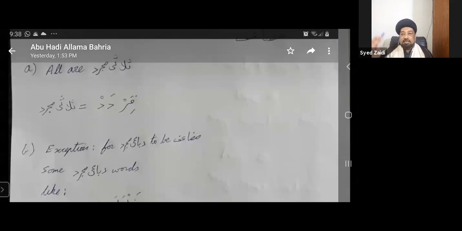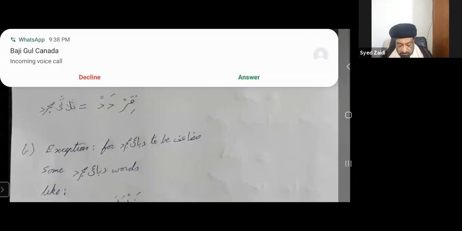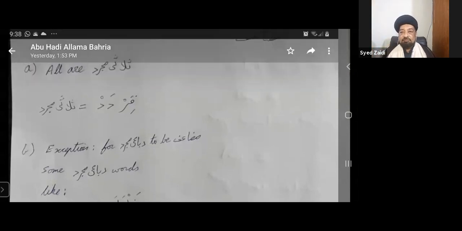I had said earlier that all of these words are thulathi mujarrad. Now, there's a point there. There is an exception in thulathi mujarrad if it is muda'af.